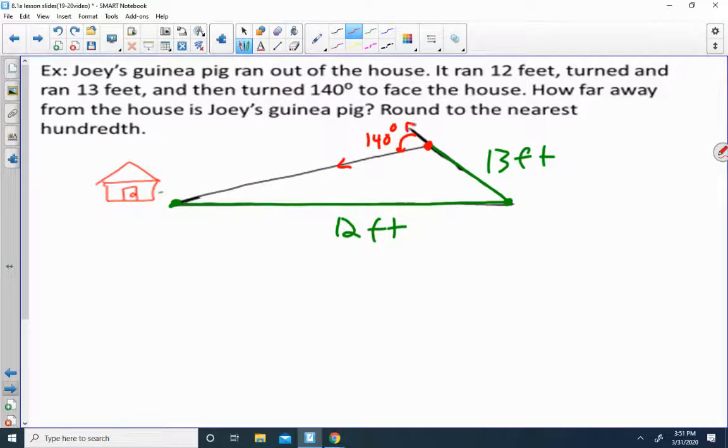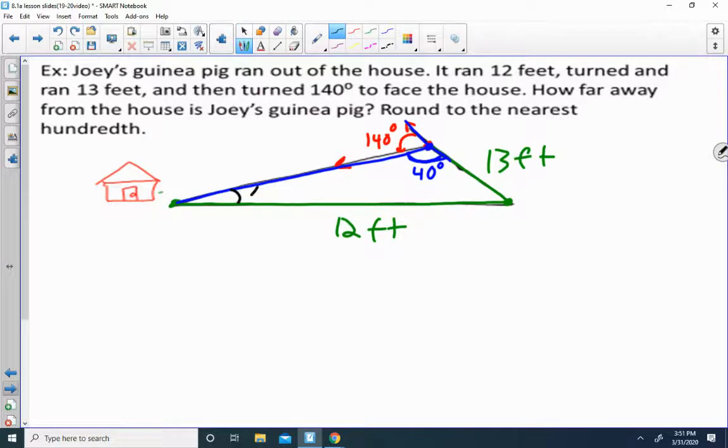So it doesn't face this way anymore, it faces this way. Given this information, we want to find the distance from the guinea pig to the house. And to start off, you know that this angle has to add to 180 because of the straight line here. So this has to be 40 degrees.